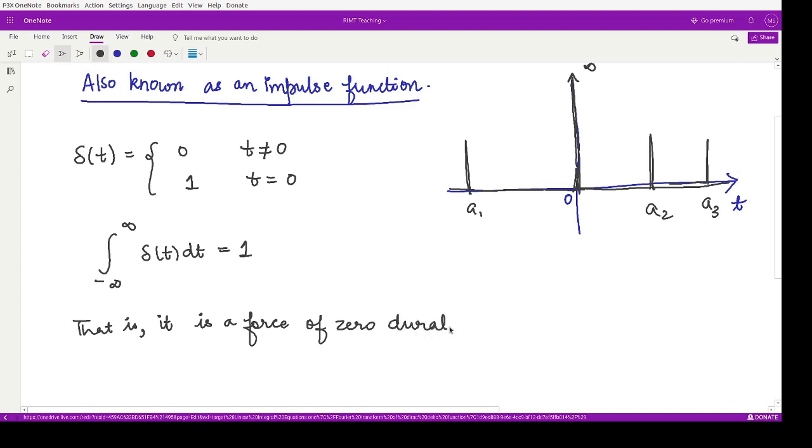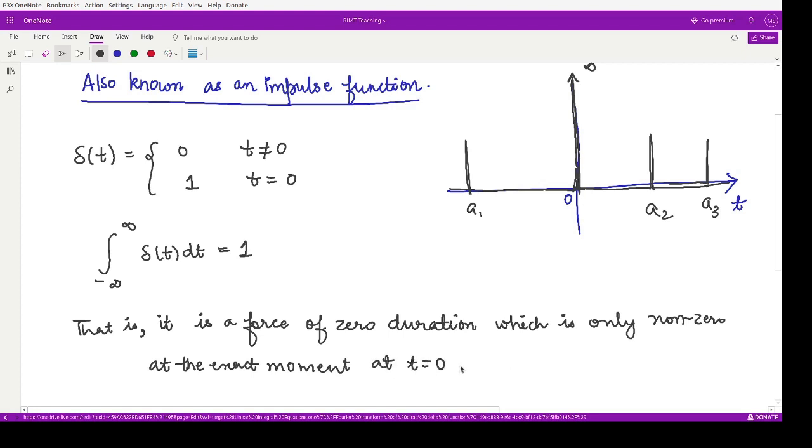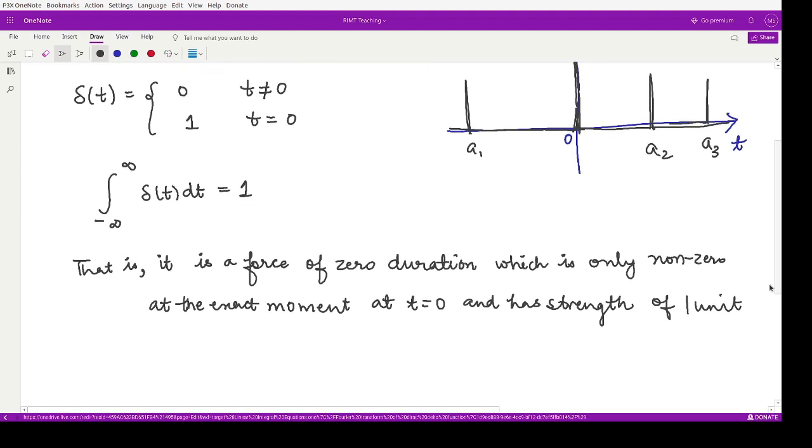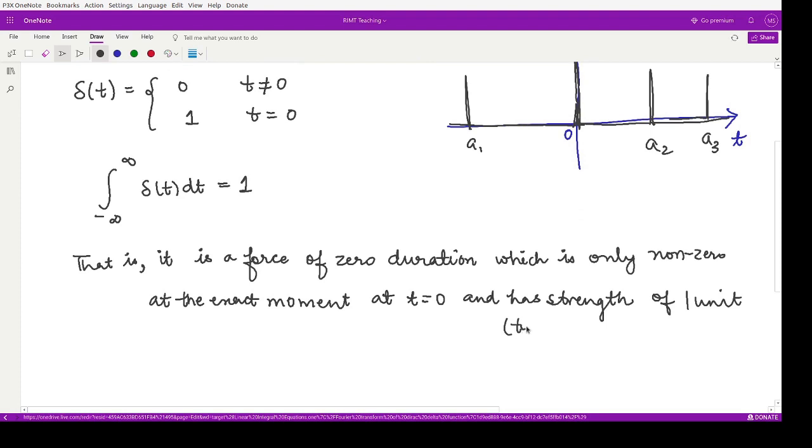It is a force of 0 duration which is only non-zero at the exact moment t is equal to 0 and has strength of 1 unit. In fact, total strength of 1 unit, or total impulse of 1 unit. So this is the Dirac-delta function.